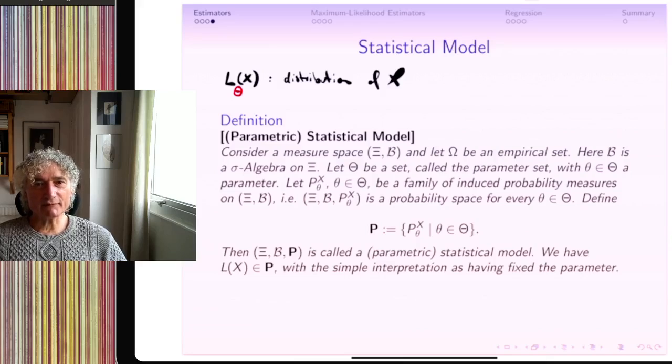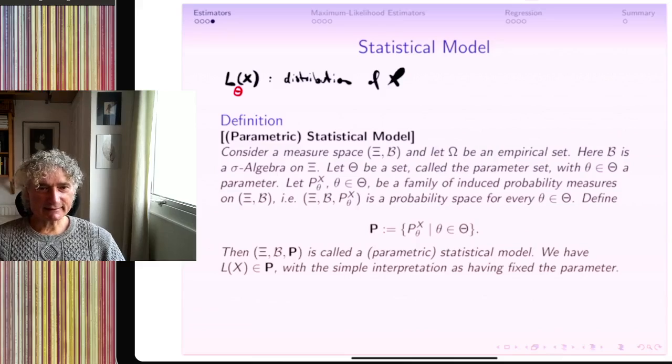Then we are not asking which distributions are the best choice for L of X, but we look at the simpler question: which parameters do we have to choose inside this given formulation of a probability distribution that best fit the data. So this is the idea of parametric statistics, to introduce these parameters.